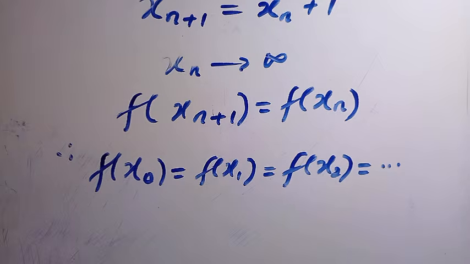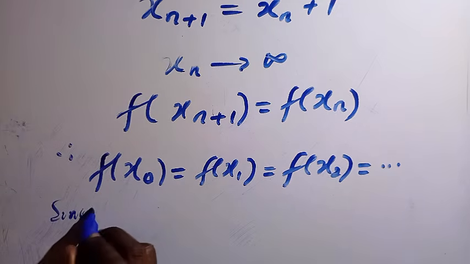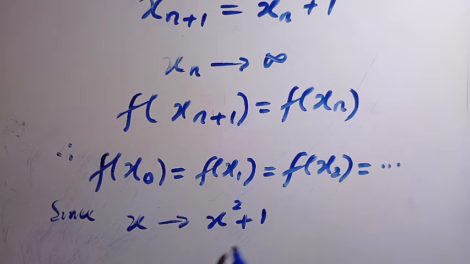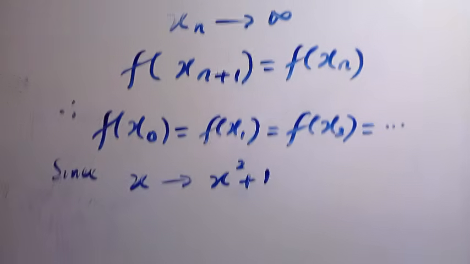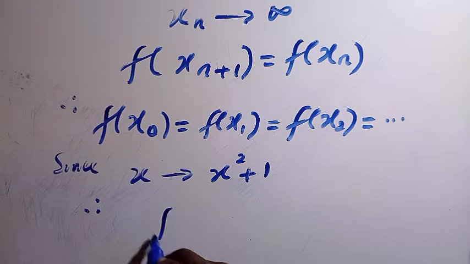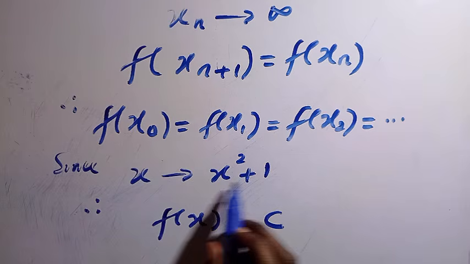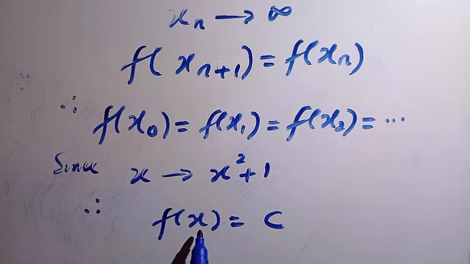And again, since x approaches x squared plus 1, all give the same values and they behave the same way at infinity, then the only solution we can have is f of x equals a constant. It means the only solution is f of x equals c.